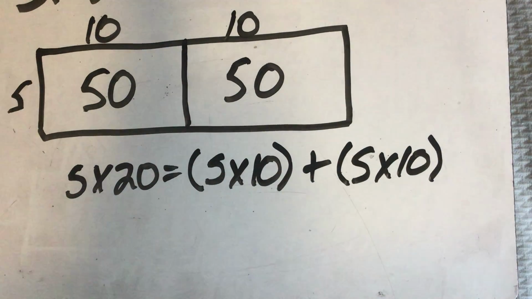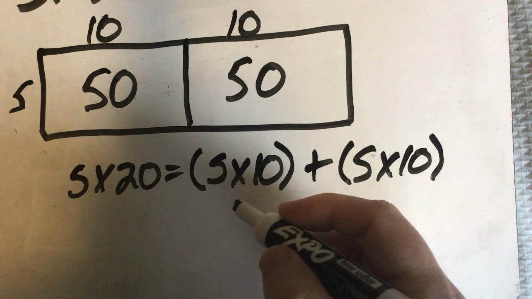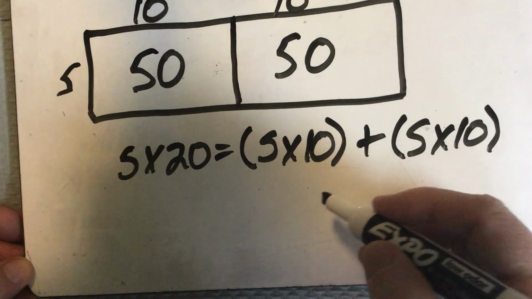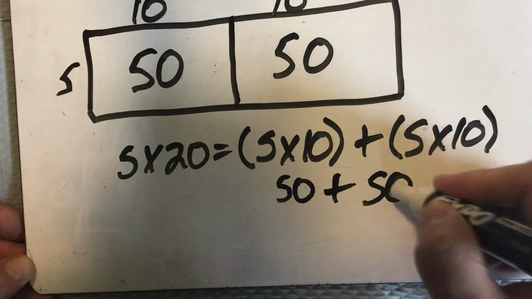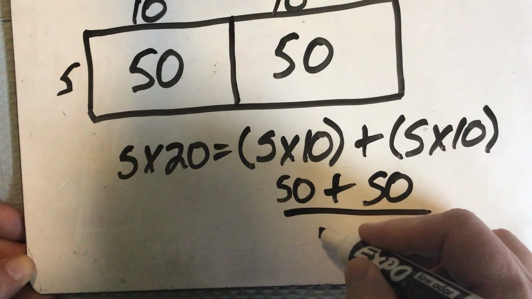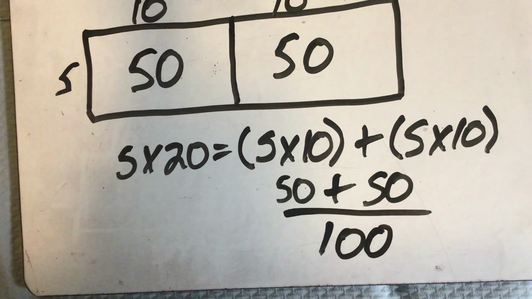Breaking that part into something a little more manageable for us. 5 times 10 we've already figured out is 50, plus another 50. That will equal what? 100. Okay, last one real quick. You guys are doing super with this. Most of you got the friendly number strategy down pretty easily.